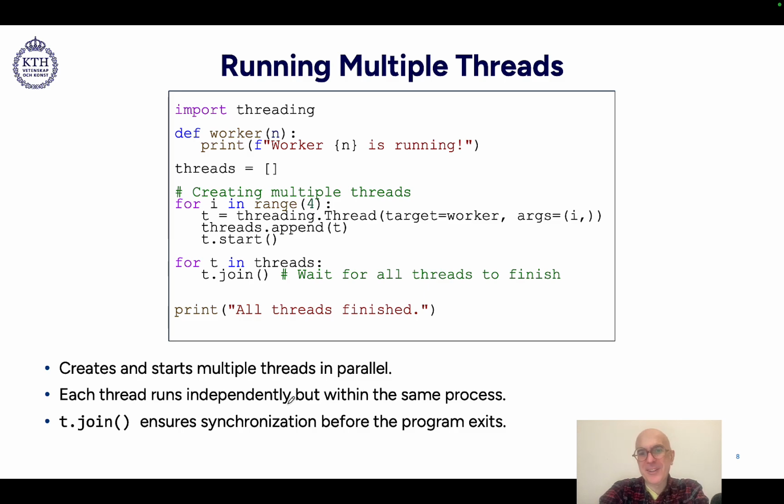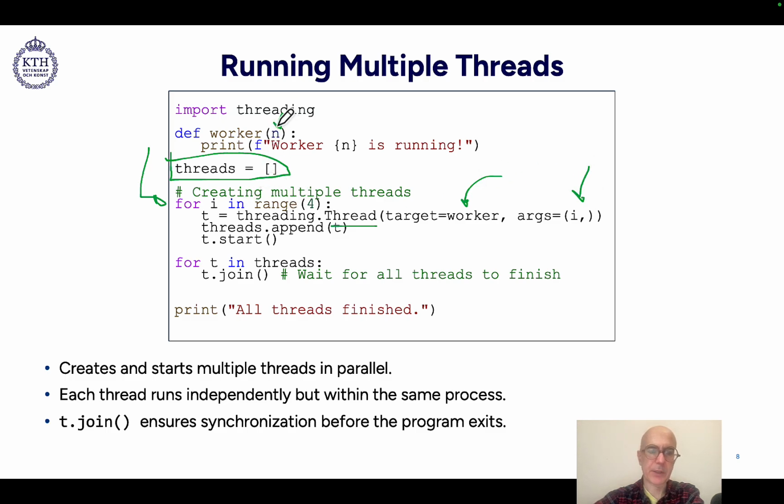Obviously, one thread is not very beneficial. We want to spawn our task in multiple threads. So how do we do it? Here we create threads equal to an empty list. We're declaring that we're going to use multiple threads, and then we have a loop. In this case, we want to spawn 4 threads, and we do as before. We use threading.Thread, and we define the function together with the argument, in this case i, which is our counter.